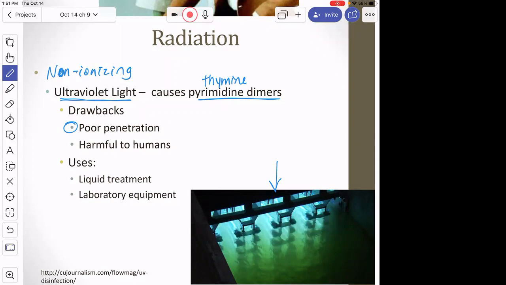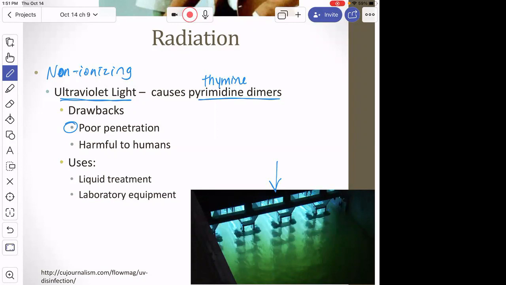UV does a really good job of killing that where chlorine doesn't. So some of these splash pads that seem to be cropping up, places where kids can run around and spray each other, that water has to go through an underground UV system to clean it. It does a better job than chlorine of killing some of those protozoan water contaminants.